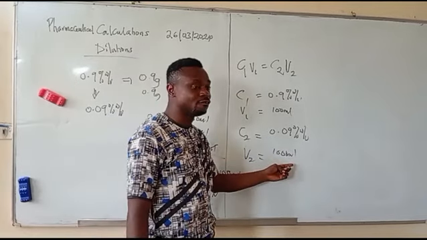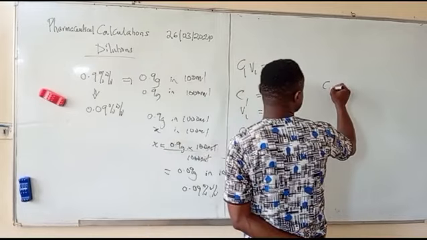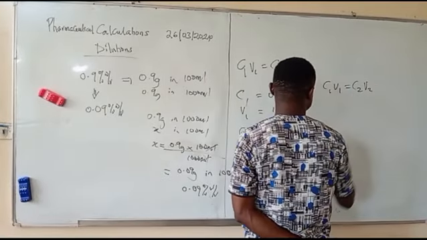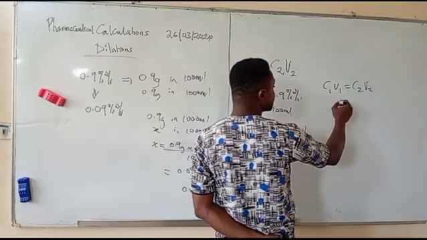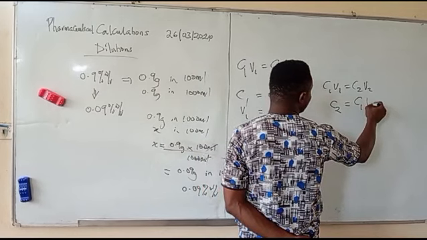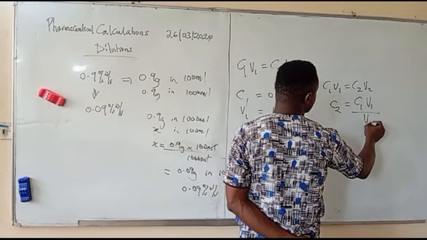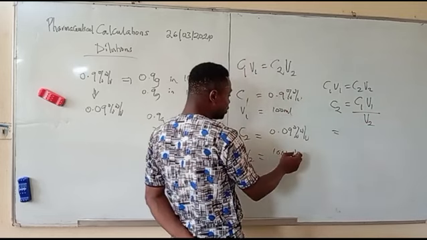Okay, let's go. C2 is V1 over V2, from this thing we listed. Remember, we are doing as if we do not know.